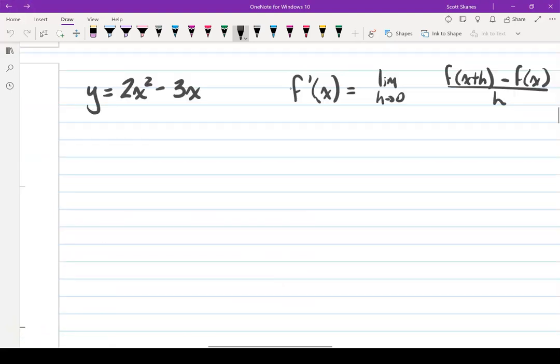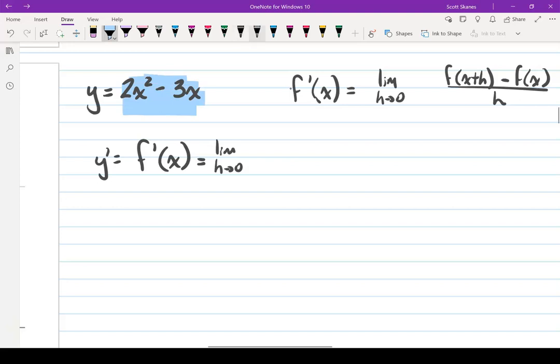Sorry, my energy levels are really low today. I apologize. So what this means for us is our derivative, y prime, which is the same as saying f prime of x, is going to be the limit as h approaches 0. I'm going to take this function, but I'm going to be putting x plus h in for all those x's.